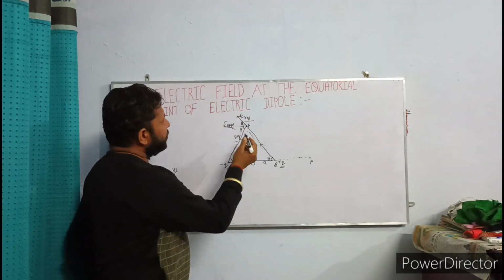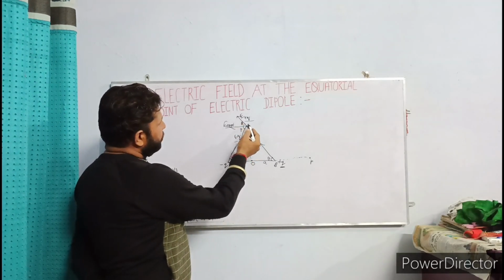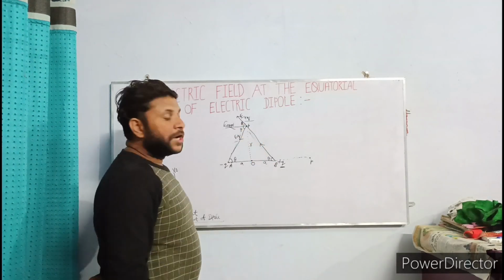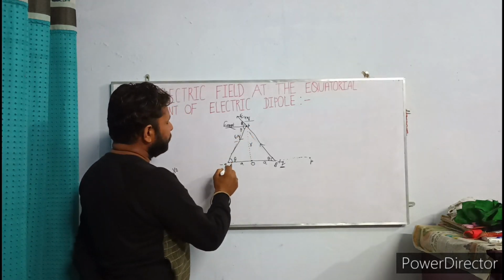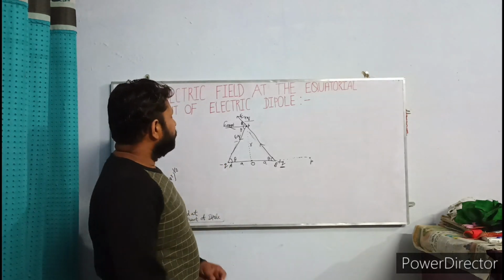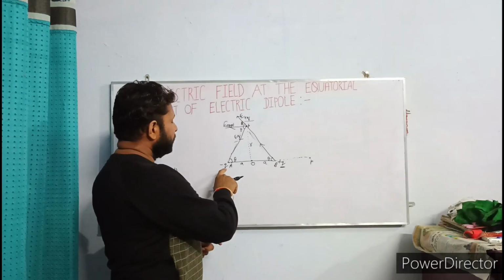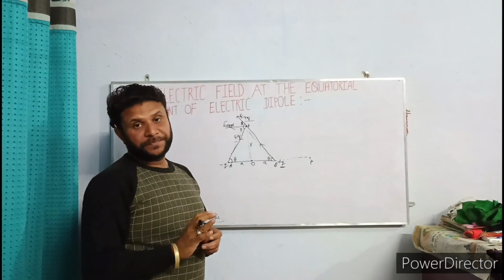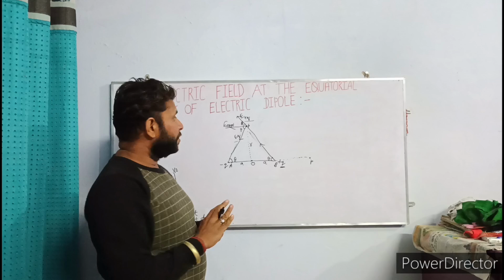Here we can see that it is electric field E plus Q due to point charge plus Q, and this is electric field due to point charge minus Q. Okay, students, here we can see that magnitude of this and this charge are same. So magnitude of this value and this value would also be same.